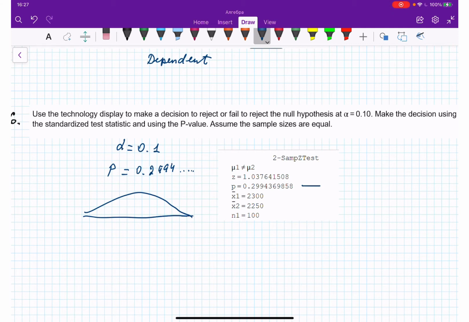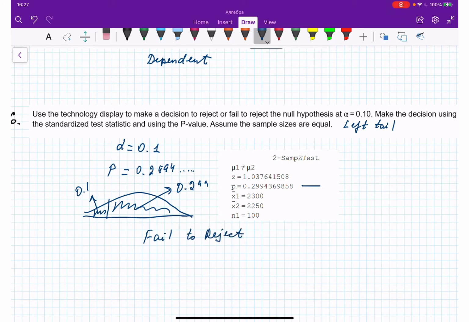They forgot to add that it's a left tail, so we're going to assume left tail, because only in this case, if alpha is equal to 0.1, then the p-value of 0.2994 falls in this area, which means we fail to reject the null hypothesis.